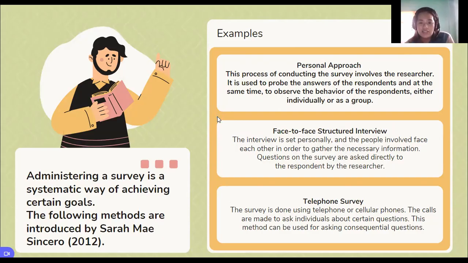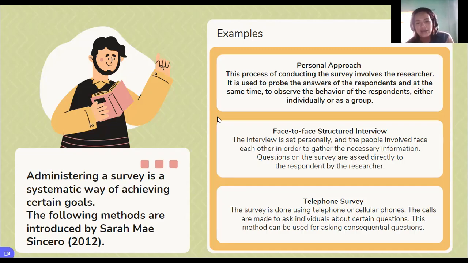Now, the face-to-face structured interview is that it is necessary for you, as a researcher, to be with your respondent so you can directly ask the respondent about your questions prepared for the survey. Now, for telephone survey, this is done using, of course, telephone or cellular phones.